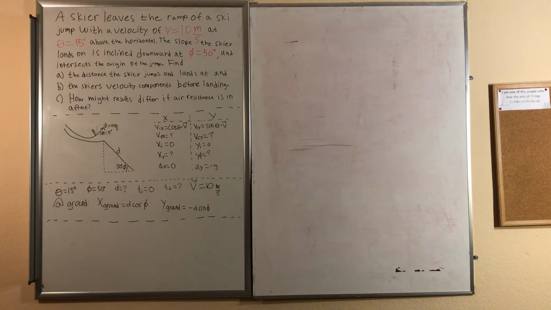To find when the skier lands, we need to find the value of d, and need to do a little prep to solve for d. To find d, we have the x and y components of the ground, and need to plug those into an equation so that we can set them equal to be able to find d. Time is the same for both the x and y directions, and usually that is the indication we need an equation with time when relating different components like x and y.